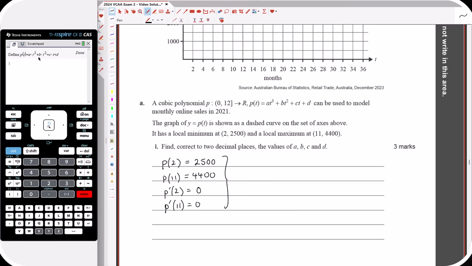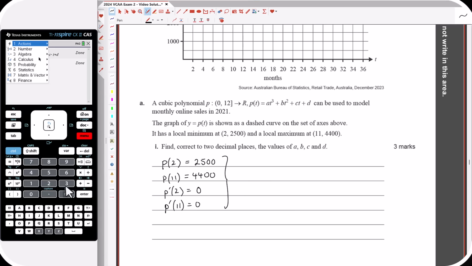Now, because we want to use the derivative, it's complicated to substitute the values into the derivative in the CAS. It's messy, and it's even more messy trying to do that in a simultaneous equation. So I always define the derivative function as well. I'll define that as dp for the derivative of p of t, and that's going to equal shift minus, the derivative of p of t.